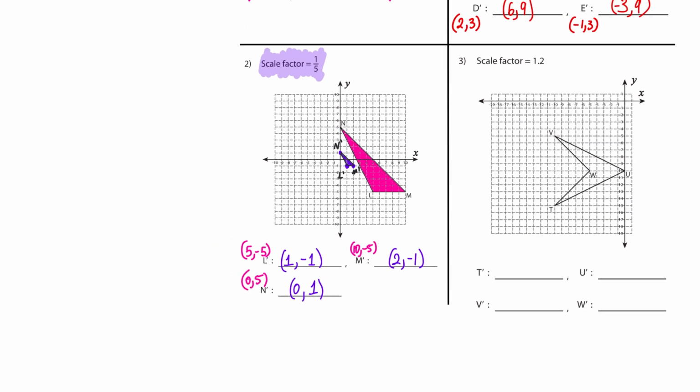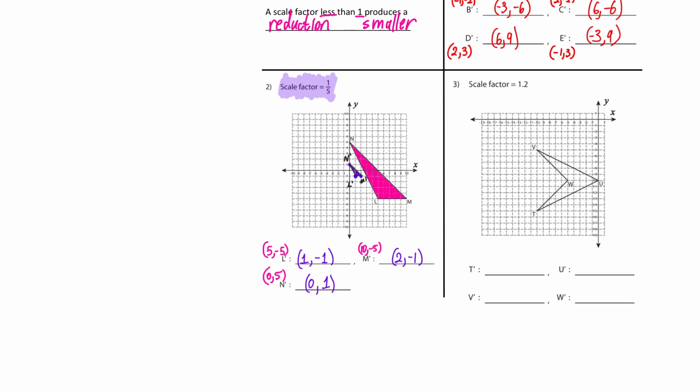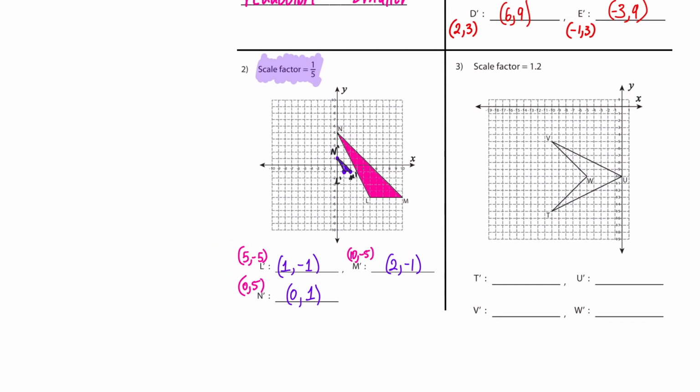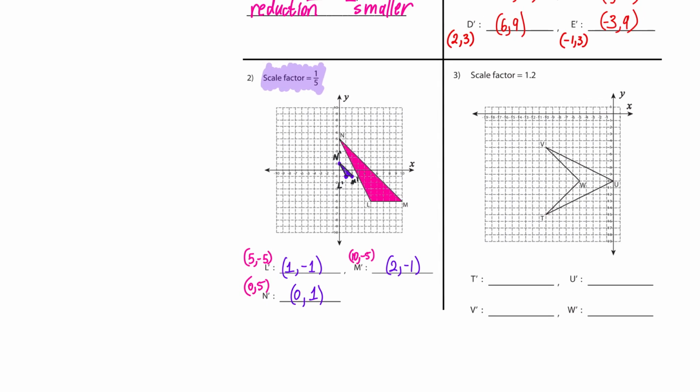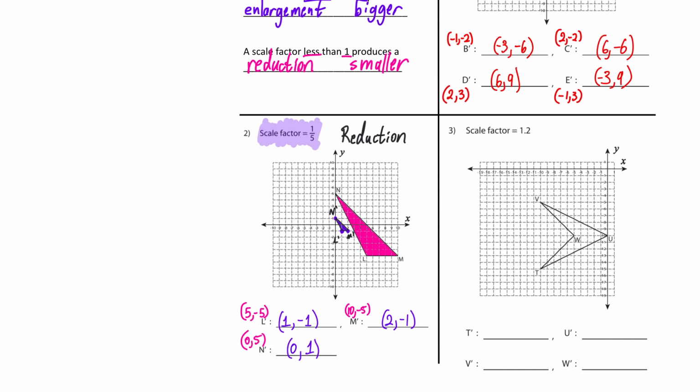Just like that. Okay, did this get bigger or smaller? Smaller, it was a reduction. Okay. And again, I could have said that before we did anything. Scale factor is less than 1. 0.2. Two-tenths. Okay, one more.